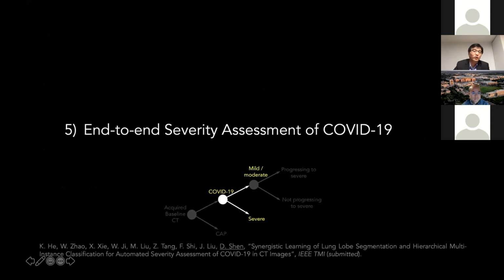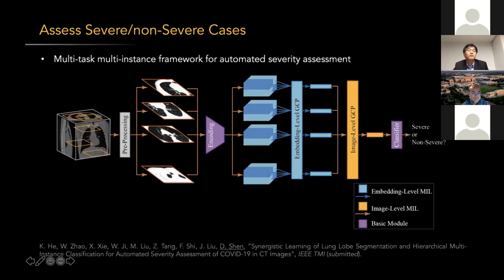This is work with Kelly He from Nanjing University, and also we work with people, particularly the corresponding author Dr. Jun Liu from Second Xiangyang Hospital, and also his student as co-first author here. All the data I'm going to talk about is from Dr. Liu. Remember, for the first deep learning algorithm, as I mentioned, we used a 3D model.